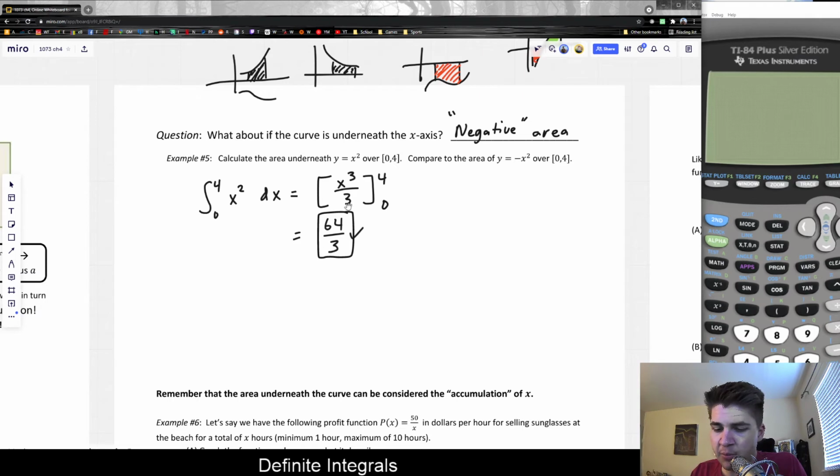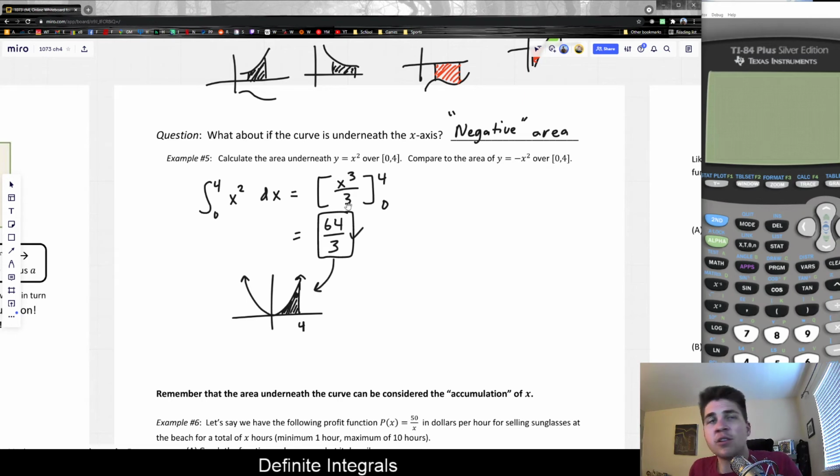If we imagine what it looks like, we have a parabola, x squared, and what we've just found is the area bound by the x-axis and the curve between those two bounds, like so.